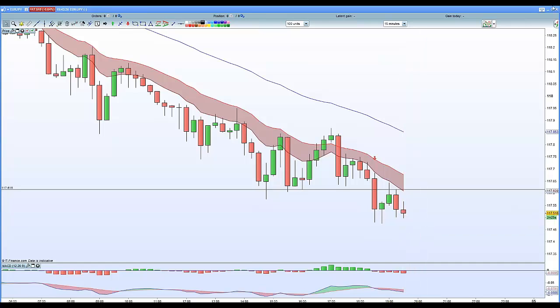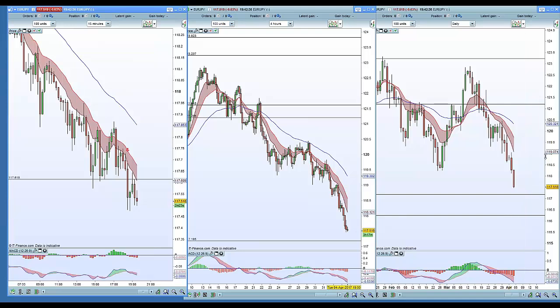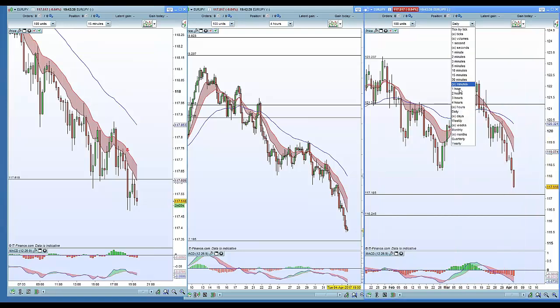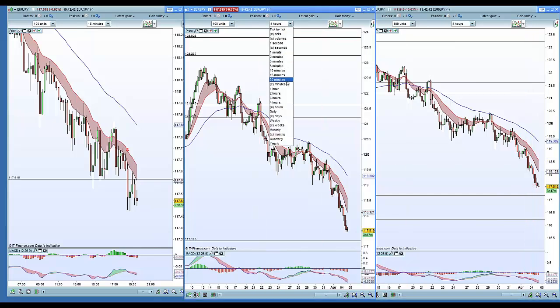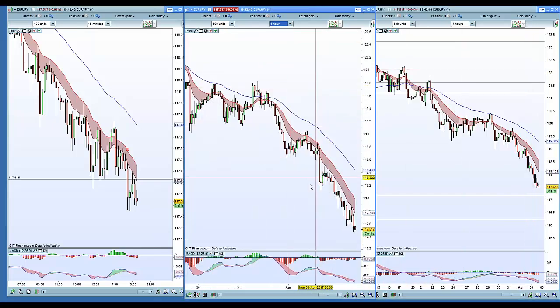Looking at all the charts, the daily chart is very bearish, the 4-hour chart is super bearish, the 1-hour chart is super bearish as well, and the 50-minute chart will just follow suit. I will not be surprised if we just trend down all the way to 117 tonight.